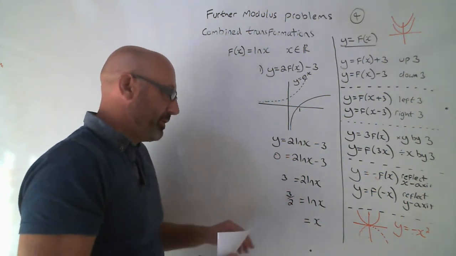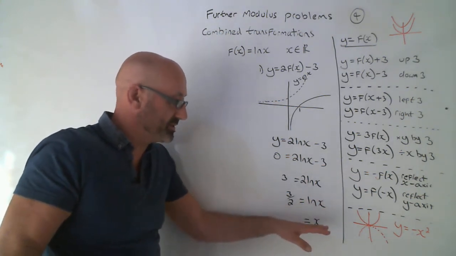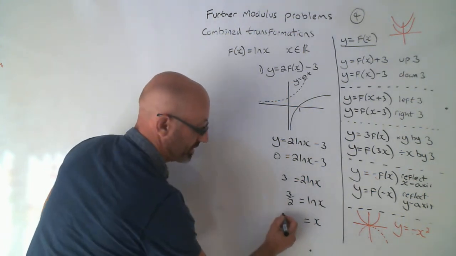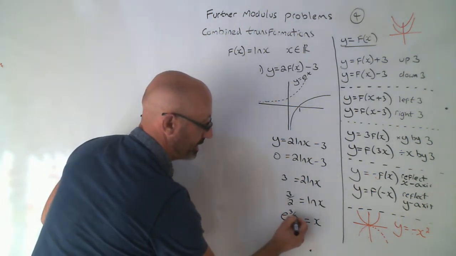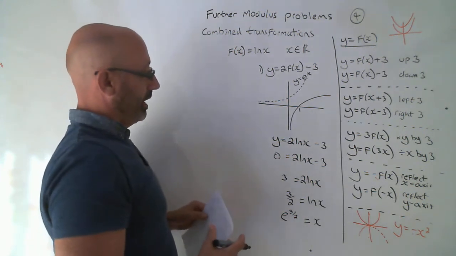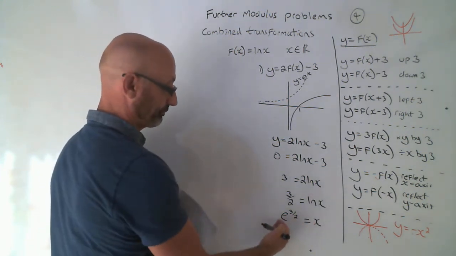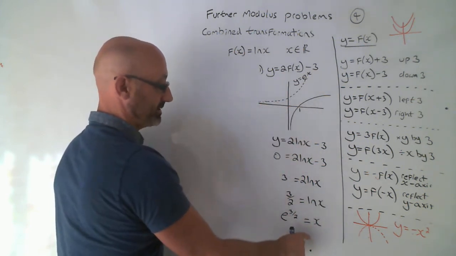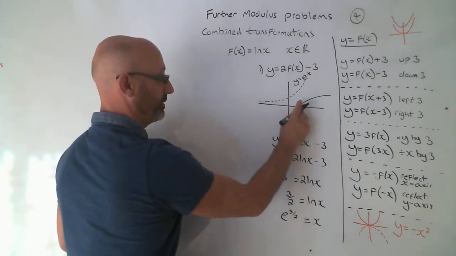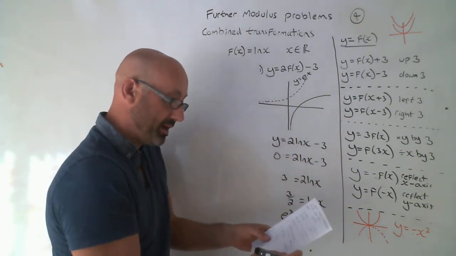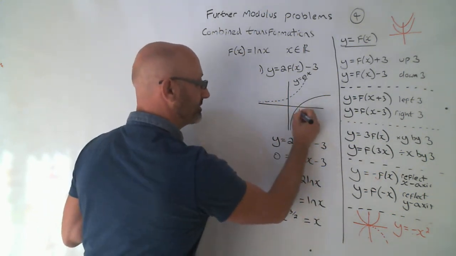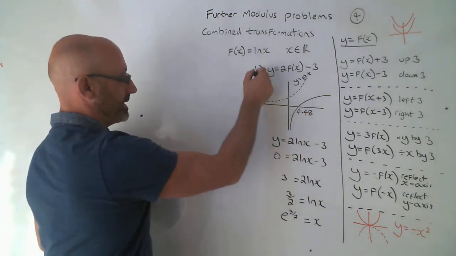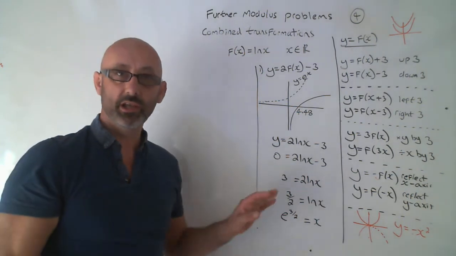And we should know that when we get ln x on one side, we can e the other side, it's the inverse. So e to the 3 over 2. So when y is 0, x is e to the 3 over 2, and you could press your buttons and you're going to get 4.48. And that'll be pretty much it.